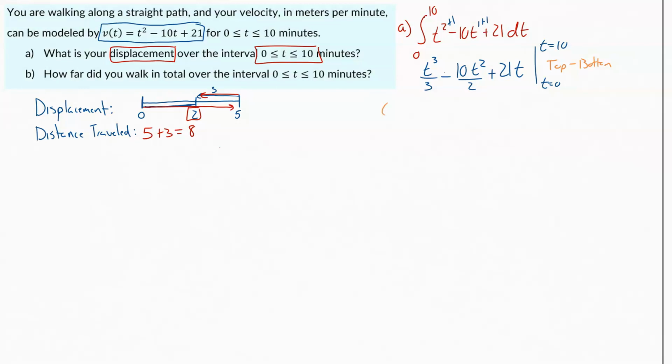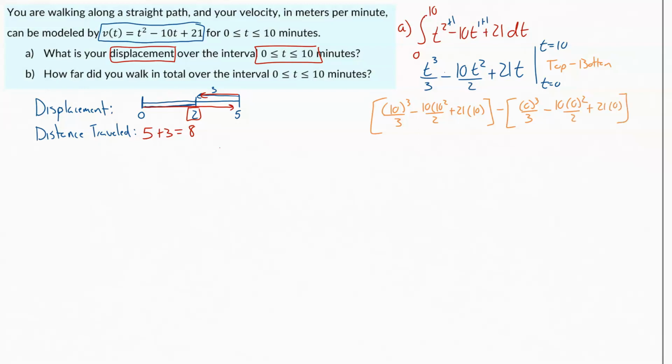So what that looks like is 10 to the third over 3 minus 10 times 10 squared over 2 plus 21 times 10. That's the top value plugged in. And then we subtract off the bottom value plugged in, so plugging in 0 everywhere I see: minus 10 times 0 squared over 2 plus 21 times 0.